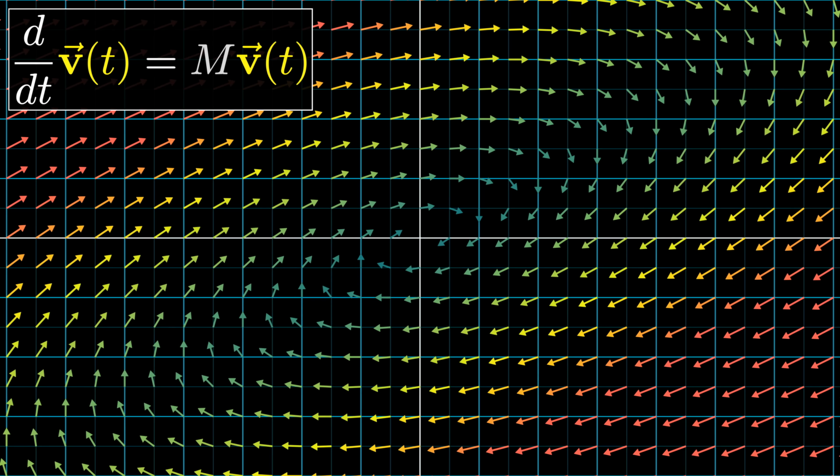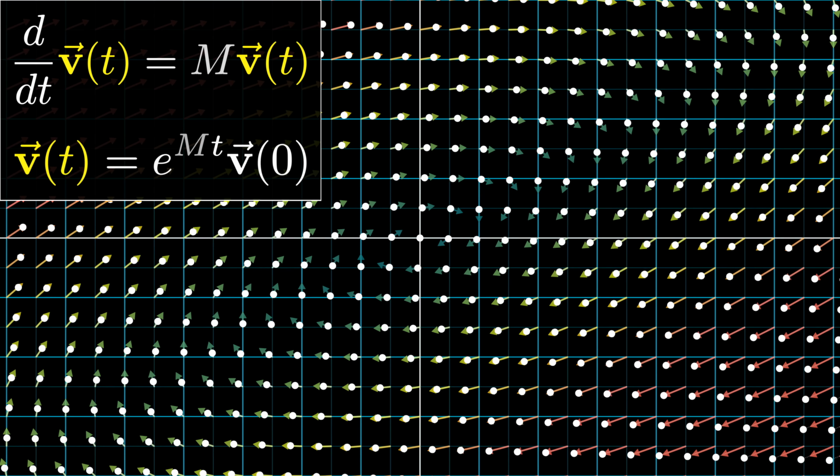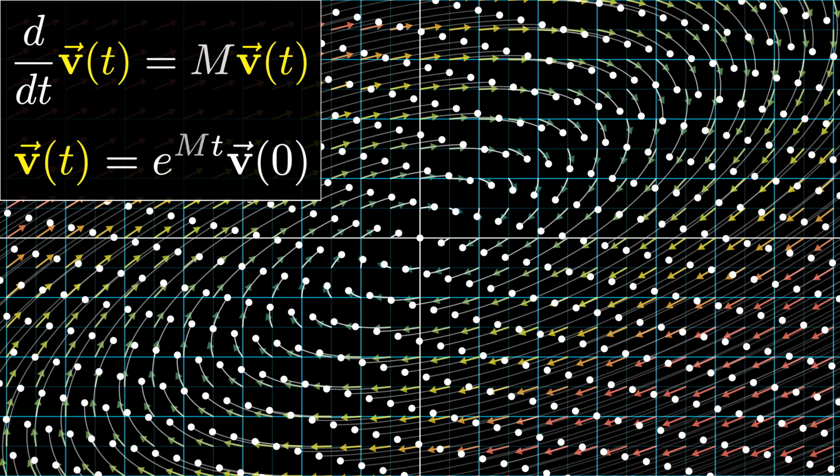To intuitively understand how any given initial condition will evolve, you let it flow along this field, with a velocity always matching whatever vector it's sitting on at any given point in time. So if the claim is that solutions to this equation look like e to the mt times some initial condition, it means you can visualize what the matrix e to the mt does by letting every possible initial condition flow along this field for t units of time.